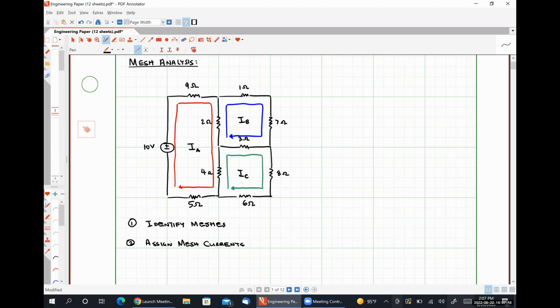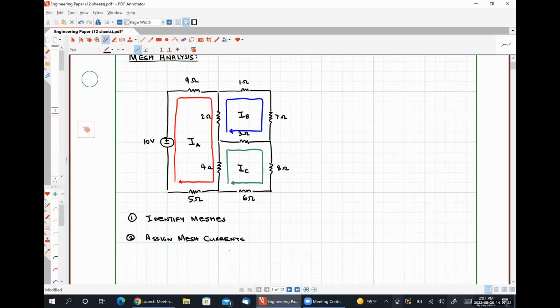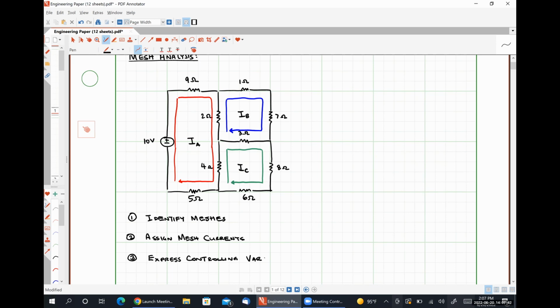Now, our third step, which we're not actually going to do in this particular problem, is very similar to what we would do in a nodal analysis problem. We would express our controlling variables in terms of our mesh currents.